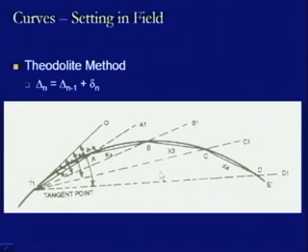Finally, there is a fourth method, which is the theodolite method. In this theodolite method, it is dependent on the deflection angle, that is small delta n, and the computed value of the overall angle with respect to the tangent, that is capital delta. In this case, again it works with respect to the tangent.